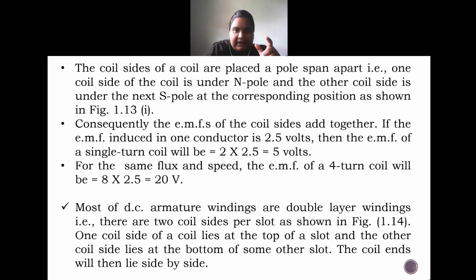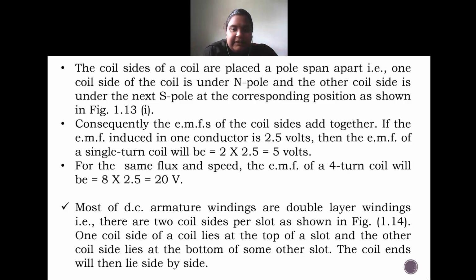So if you are taking a total coil, and AB is at the top of one slot, then CD will be at the bottom of another slot. That is how the arrangement is. The coil ends will then lie side by side.